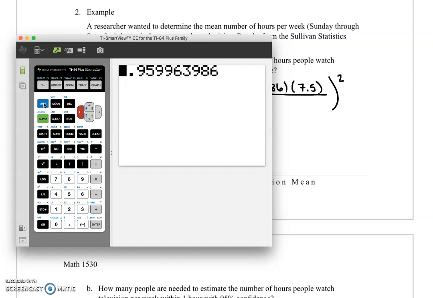If you need to go back and do it, if you hit the second and delete button, it will let you insert something. Now I need to go back to the end. Times 7.5, divide by the error, which is 2, close the parentheses, and then square all of it.